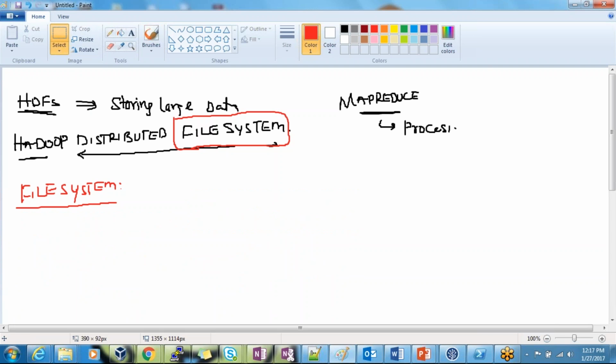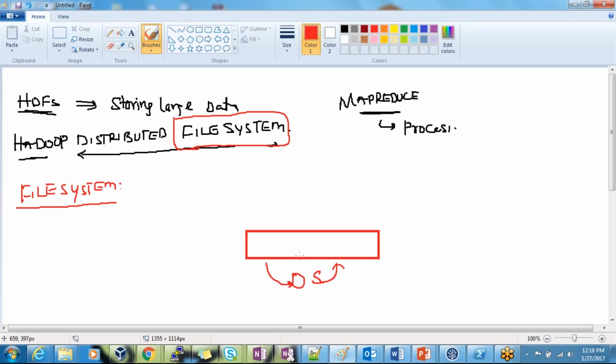Let me take an example here. This is my file system, which my operating system uses. In this file system, how will the data be stored? Very simple, guys.